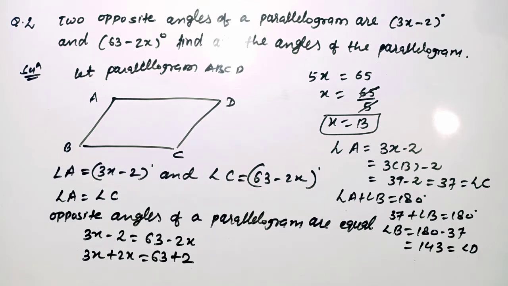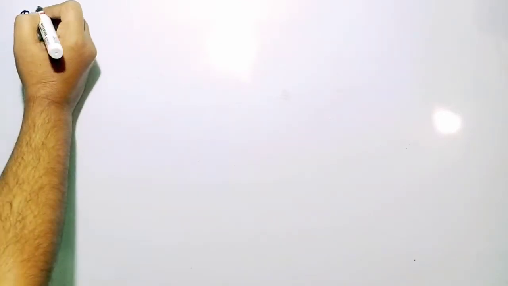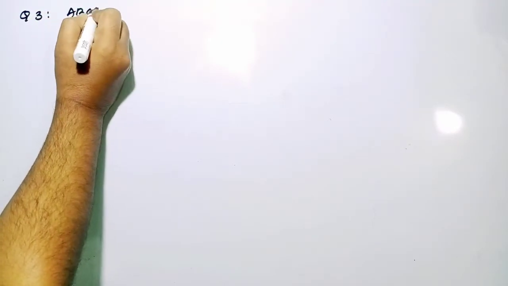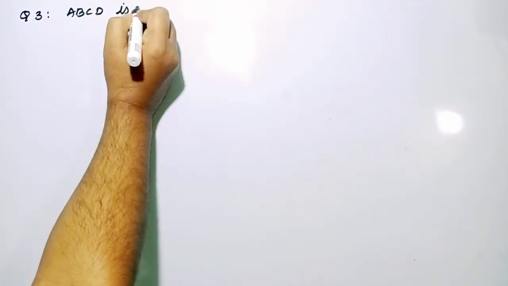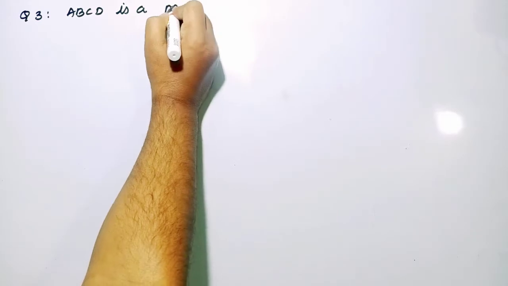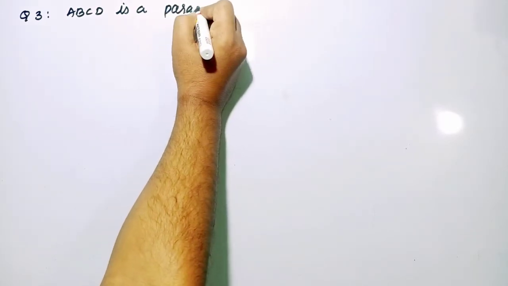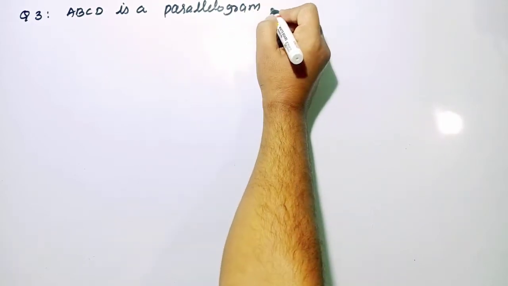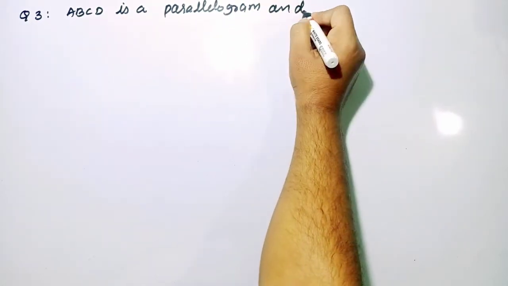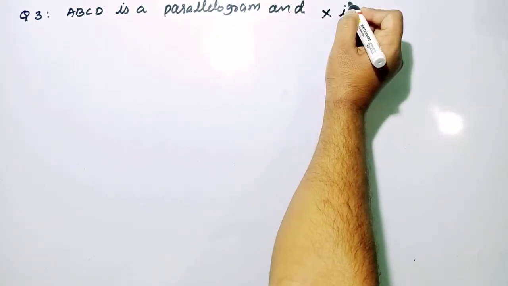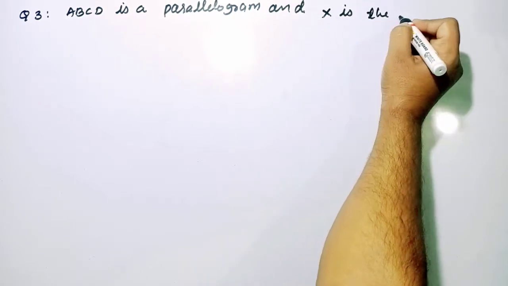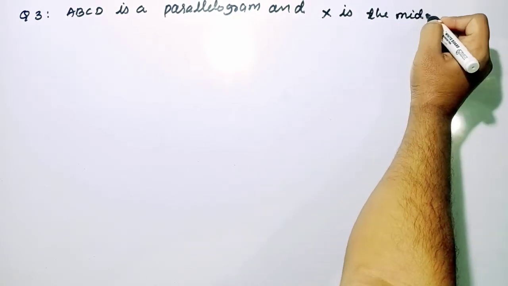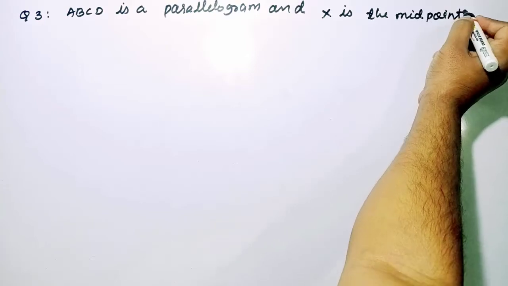Okay, now moving to the next question. ABCD is a parallelogram, and X is the midpoint of AB.